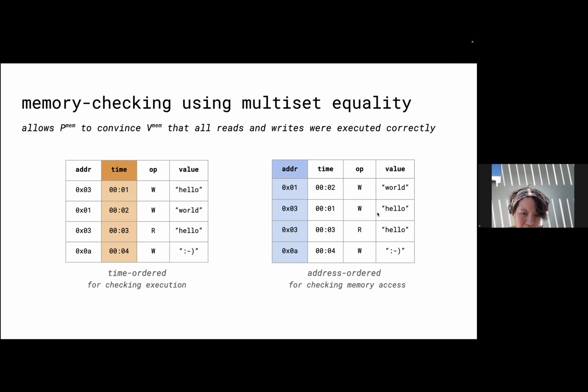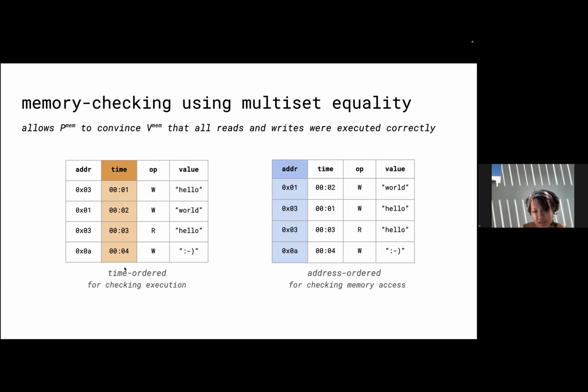Basically, you have one ordering of the memory trace that is time ordered, and then you have another ordering that is address ordered. The rationale for ordering them differently is that in the time ordered version, you can check that the values were updated correctly according to certain instructions defined by the VM.